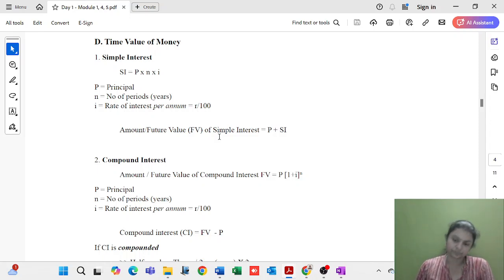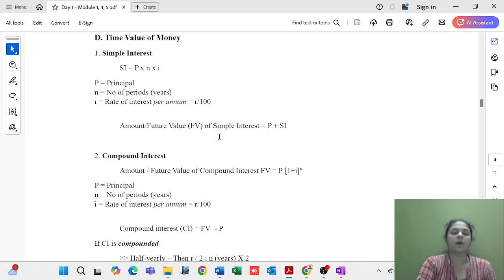Clear? Now, what is simple interest? The principal amount will remain fixed. The interest alone keeps accumulating year on year, whereas the principal amount remains fixed. Now coming to compound interest.